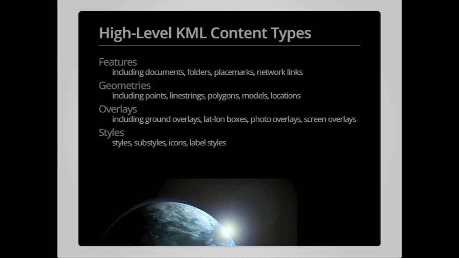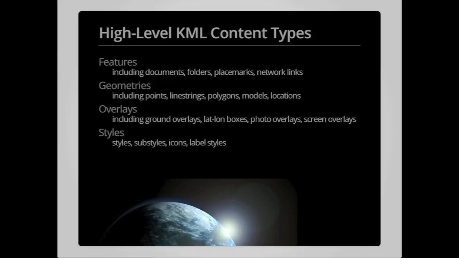You can define overlays that include ground overlays, where you can essentially define content that should be superimposed over the ground and coordinated with the ground surface, essentially the spatial data units for the data being used.